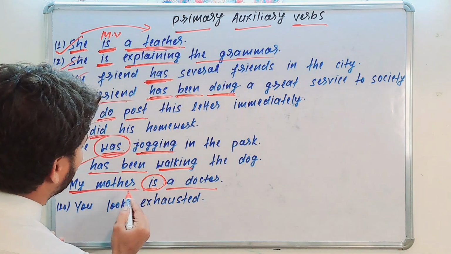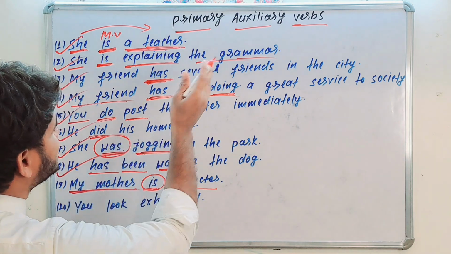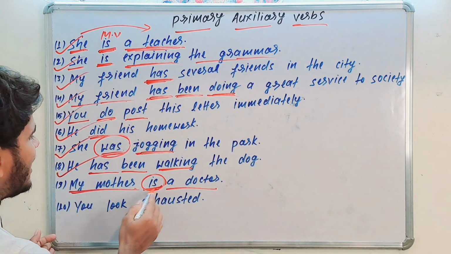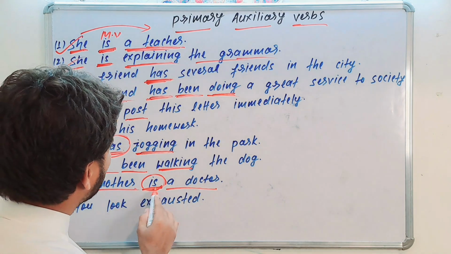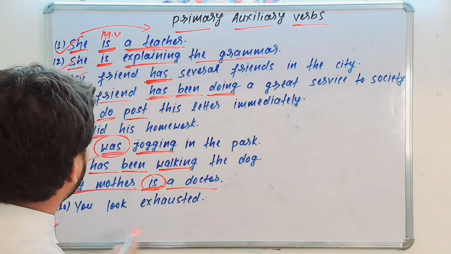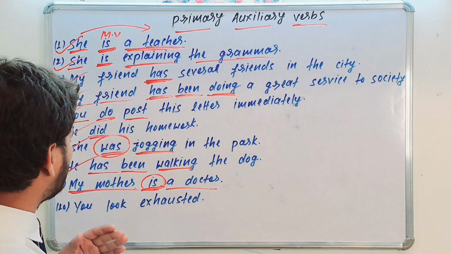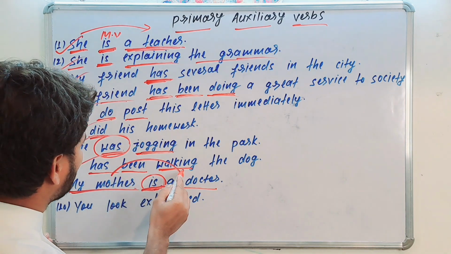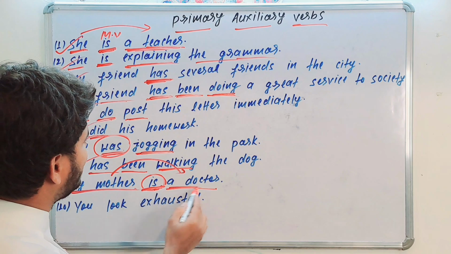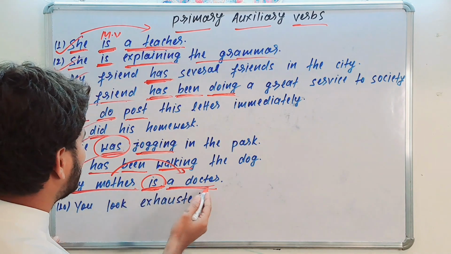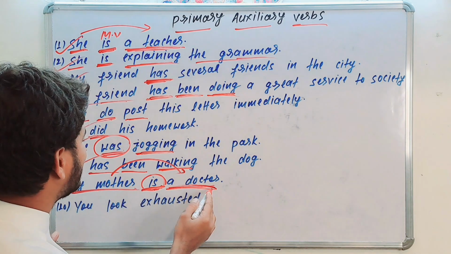So what is the role of linking verbs and main verbs, and of primary auxiliary verbs as main verbs? There is no extra verb, so that's why this is a main verb. My mother is a doctor. Linking verbs join the subject to their complement. What is my mother? A doctor.